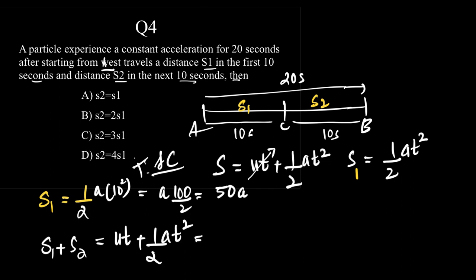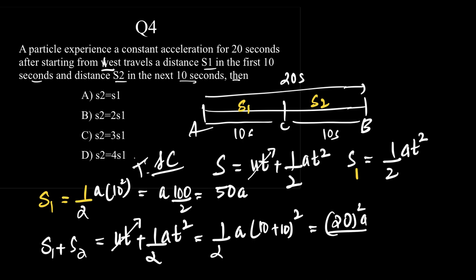Since the body starts from rest, ut becomes 0. So what do we get here? Half into a into t squared, where t is now 10 plus 10, the whole square. So this becomes 20 whole square into a by 2, right?